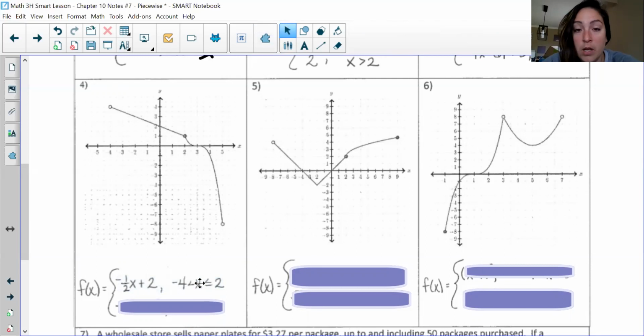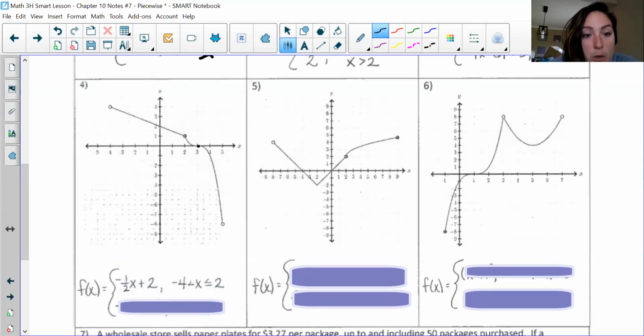And then our cubic function, it looks like the critical point got shifted to the right 3. So our c value is 3, but it does not appear to have any other shift. We still have the right 1, down 1, left 1.